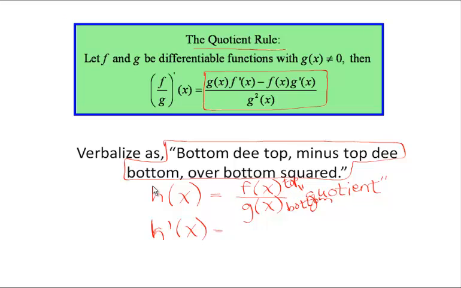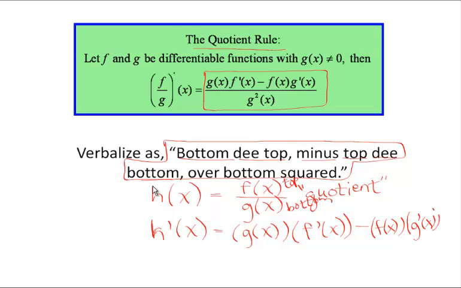The derivative h prime of x would be the bottom function as they gave it to us, that's bottom, d top, so times the derivative of the top function, minus, now there's a minus sign in the quotient rule, top, the top function they gave us was f of x, d bottom, so times the derivative of the bottom function, over all of that, all of those terms divided by bottom squared.